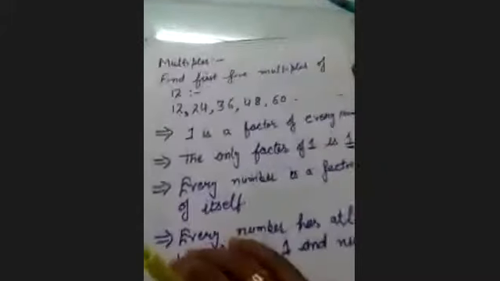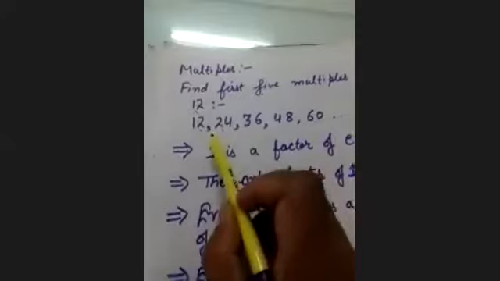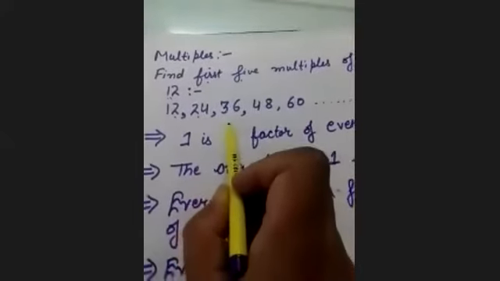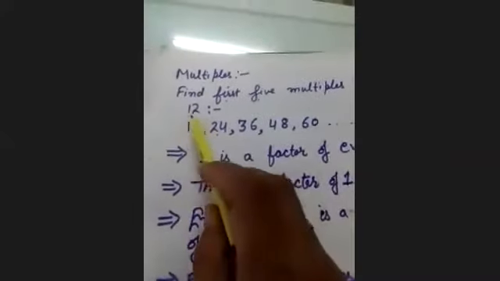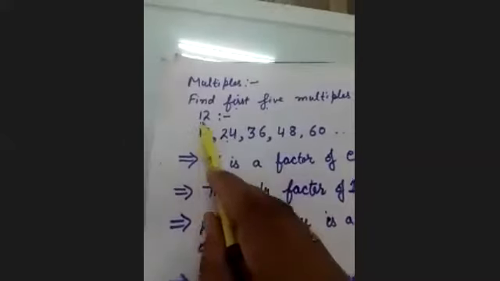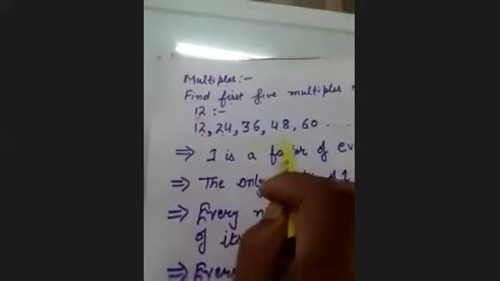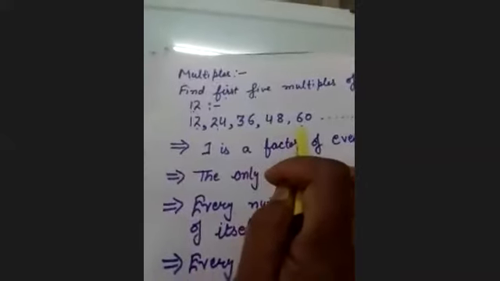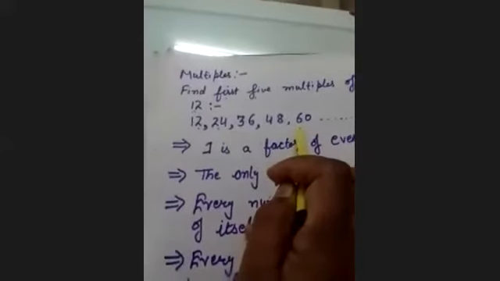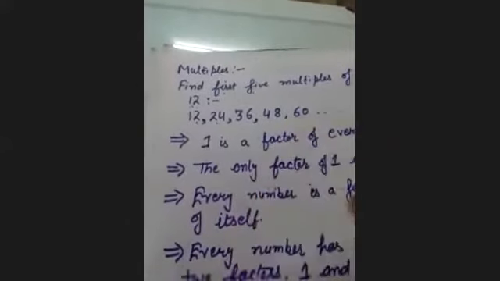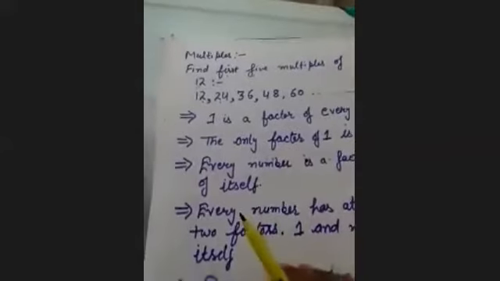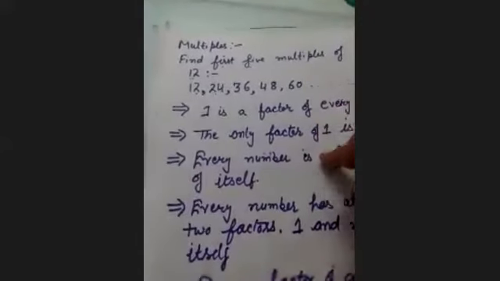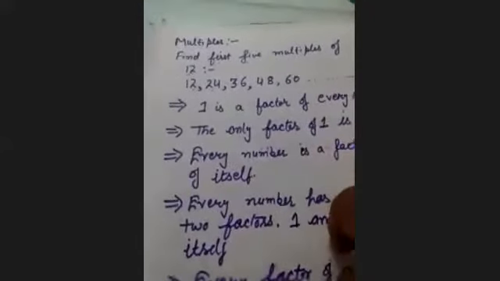Next, how we can find the multiples of any number. For this, I have considered example 12. These are the first 5 multiples of 12.